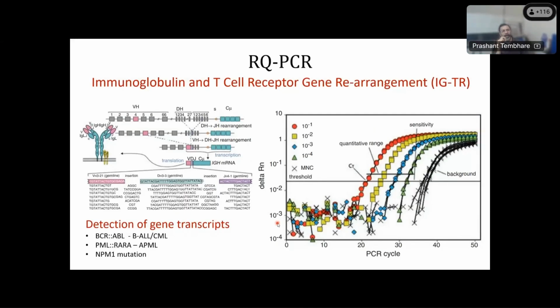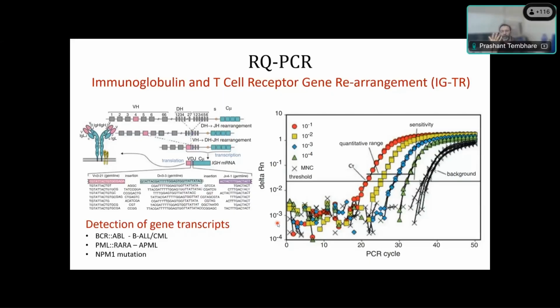If we know the sequence of the T cell gene rearrangement in the tumor cell at diagnosis, we can follow it during monitoring also, and that is called immunoglobulin or T cell gene rearrangement sequence monitoring. For that, we need to know the sequence at the time of diagnosis, so that we can follow the same sequence at the time of monitoring.